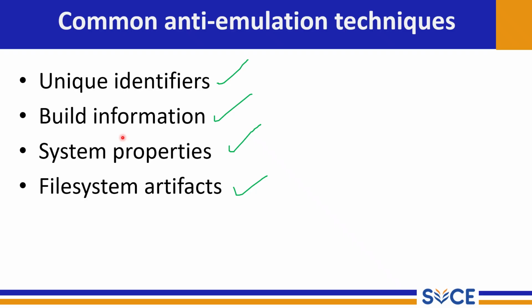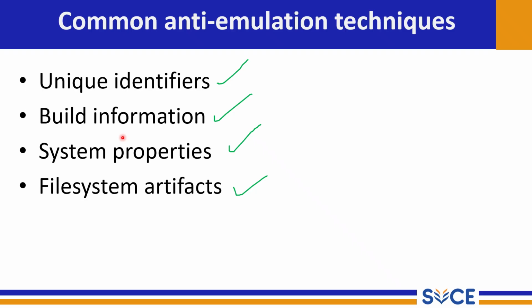Security tools use emulation to sandbox and analyze potentially harmful software. Anti-emulation techniques can be employed by the malware itself to detect that it is in a sandbox and alter its behavior, or by security tools to more accurately detect and analyze the malware's actions.